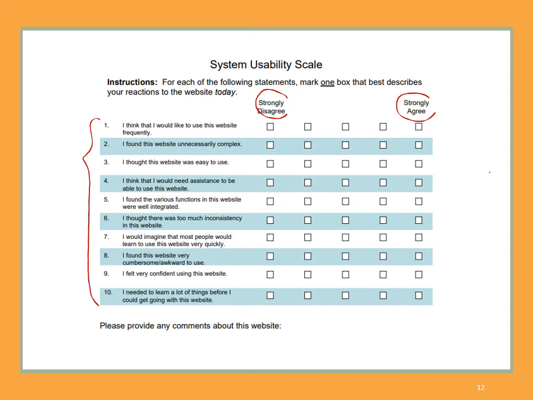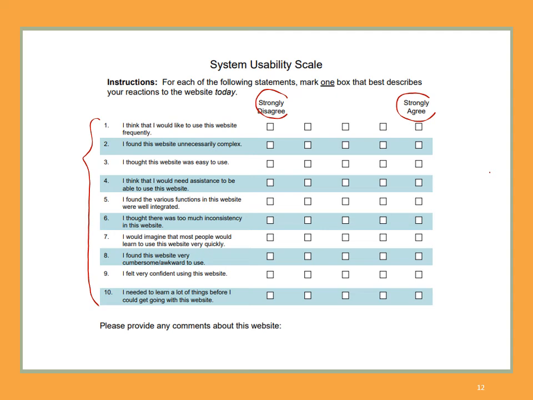For example, question 1 says, I think that I would like to use this website frequently. If I am a user, whether I agree strongly or disagree strongly, or on a certain scale. The second question, for example, asks, I found this website unnecessarily complex. Agree or not, strongly or on which scale.